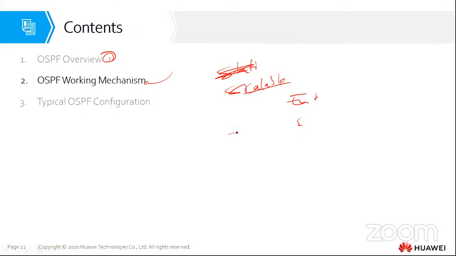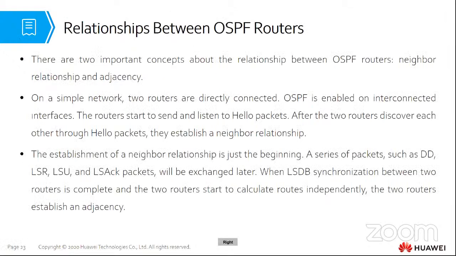So first, let us try to examine the relationships between different OSPF routers. So when I have a router here and another router here, and they are connected, and I have configured OSPF on router 1, I've configured OSPF on router 2, these two routers are going to form a relationship.